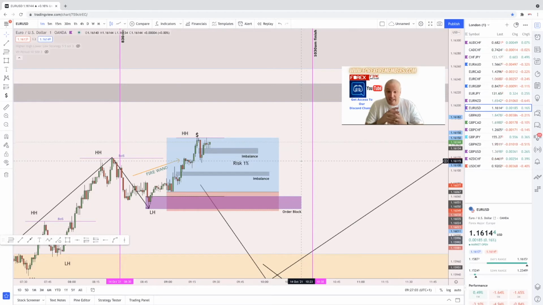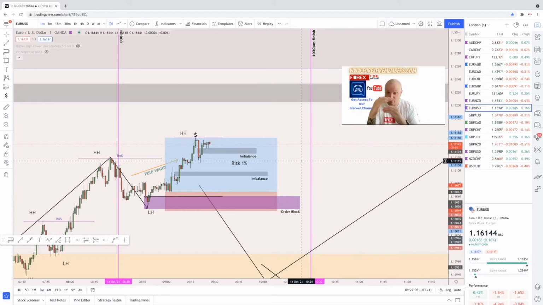Does it create such a confined small pippage of range, or do you get a lot of wickiness? Is it creating patterns within there, like small harmonics or double tops, double bottoms? Does it respect liquidity areas on the high side to the low side? And you need to be writing all these things down.